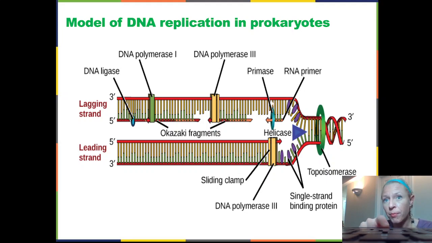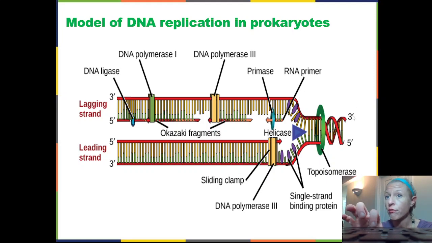Here we have primase adding our RNA primers, but again, it only adds them in the 5' to 3' direction. So it has to do it in chunks. And then DNA polymerase is going to synthesize the new DNA strand from that RNA primer. And then we end up with these fragmented pieces because primase works in the 5' to 3' direction.